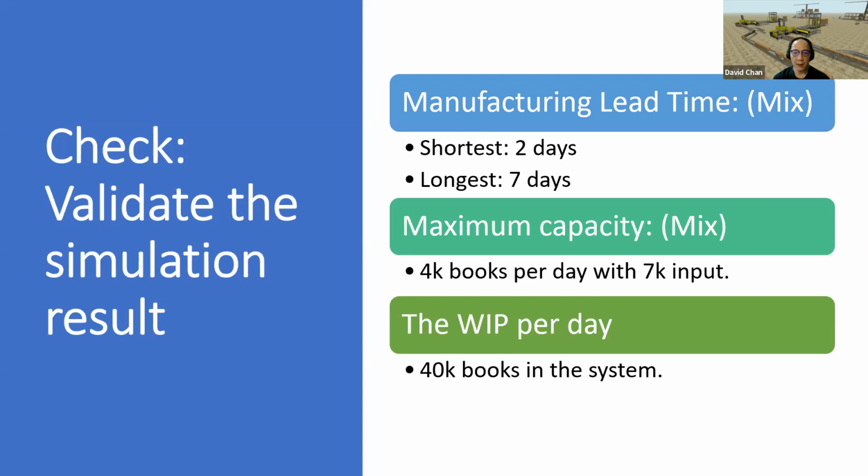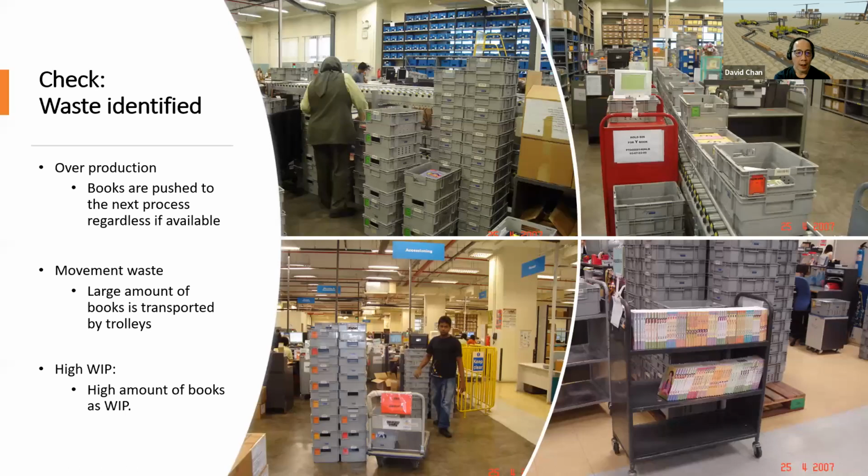So you can see that there is a lot of WIP in the system that is not being pushed out. Other than that, we found other wastes such as overproduction. Books are being pushed to the next process regardless of whether the next process is ready. There are movement wastes.